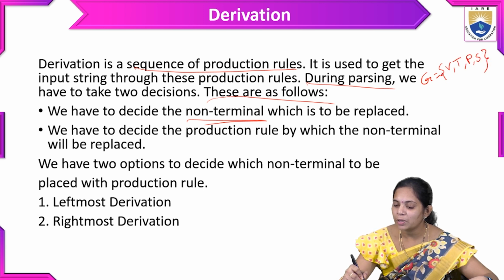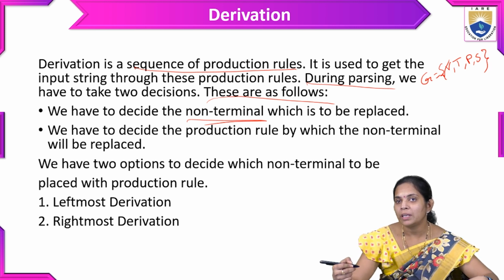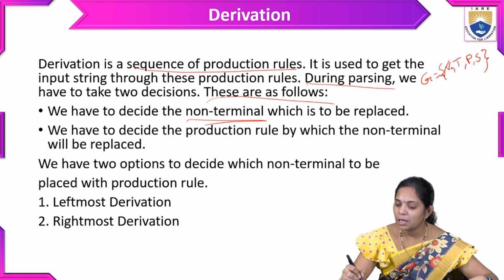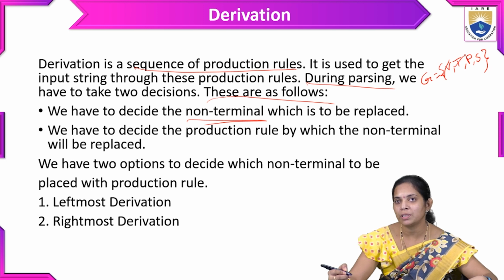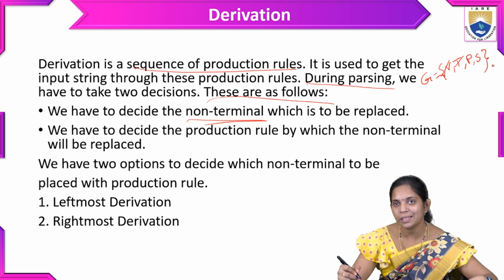Here V is the non-terminals, which is equivalent to the finite set of states in a finite automata, and those are represented by capital letters. T is the terminals, represented by small letters, which in a finite automata belong to the input symbols, that is sigma.